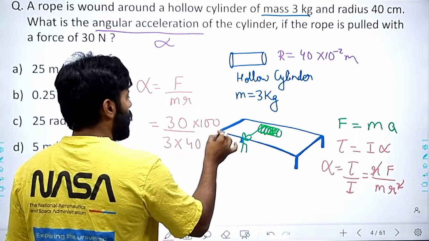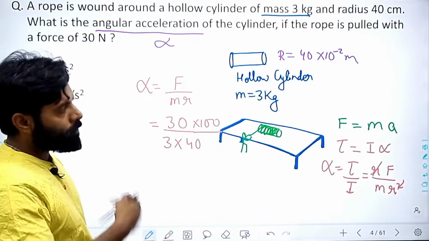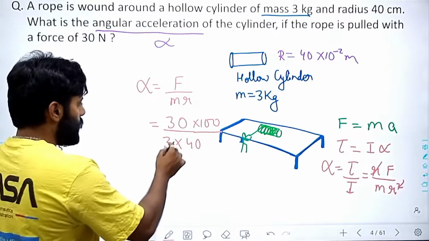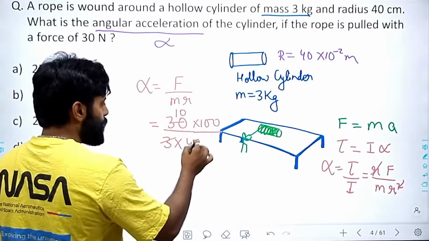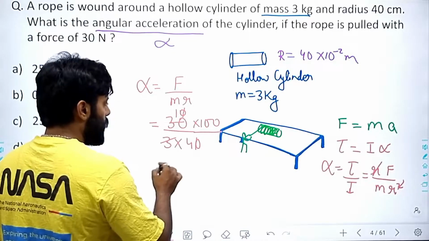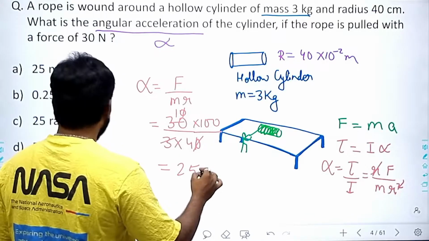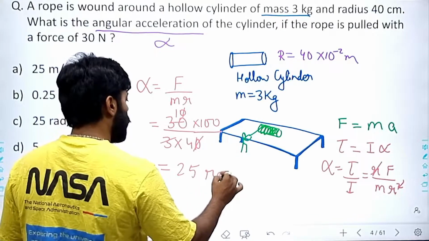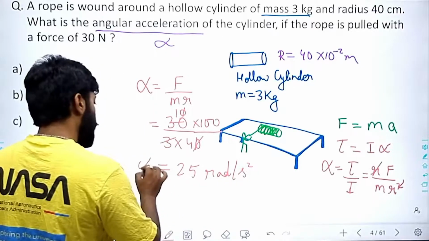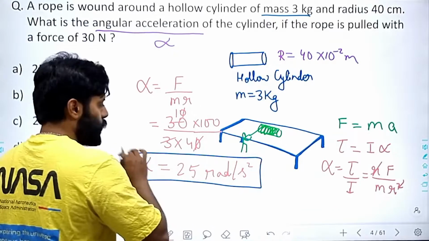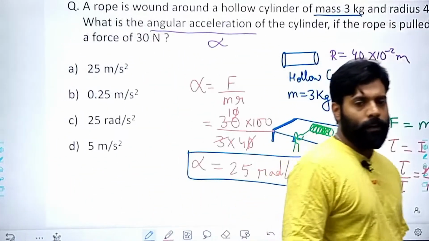I'm keeping 100 above, for changing. So this will become 10, and 100 by 4 will become 25. So 25 radian per second square is my alpha. Are you getting it? So alpha is equal to 25 radian per second square.